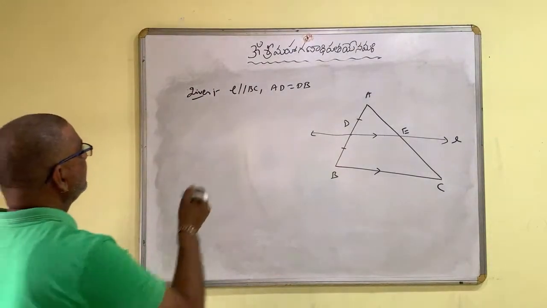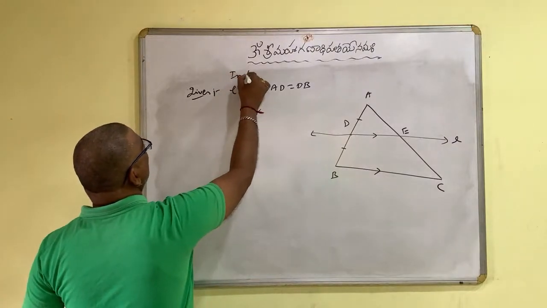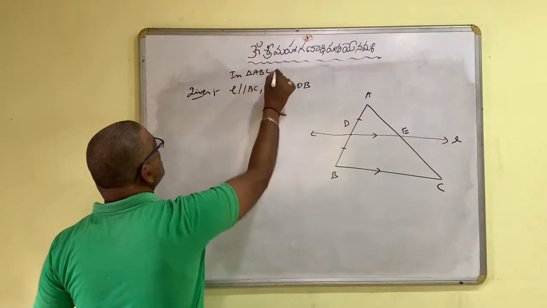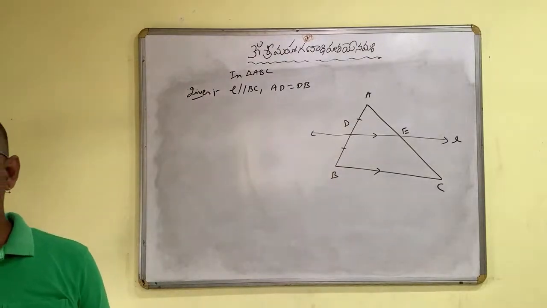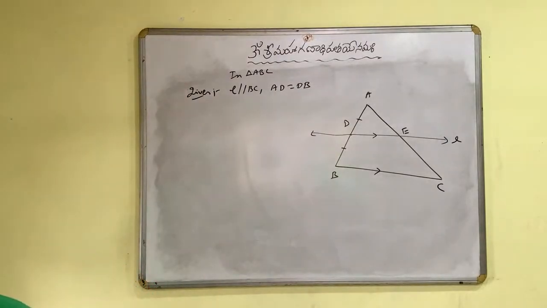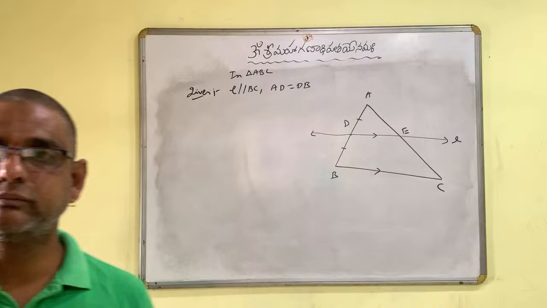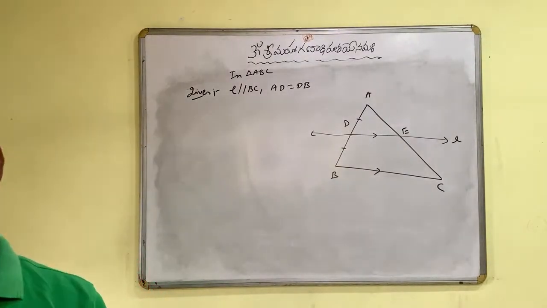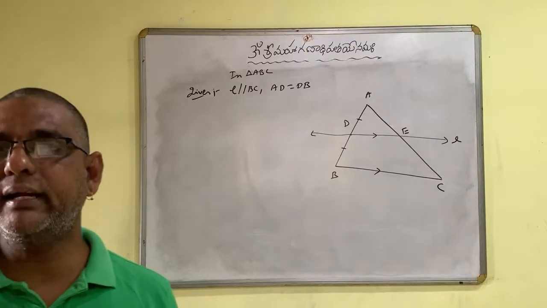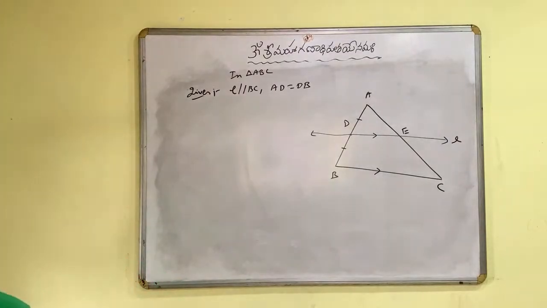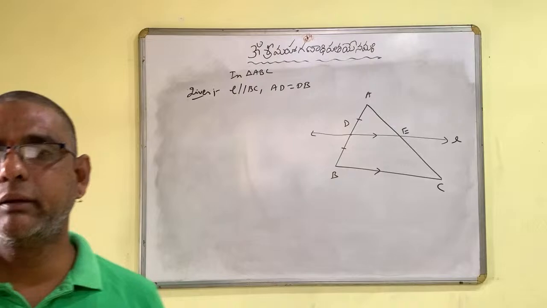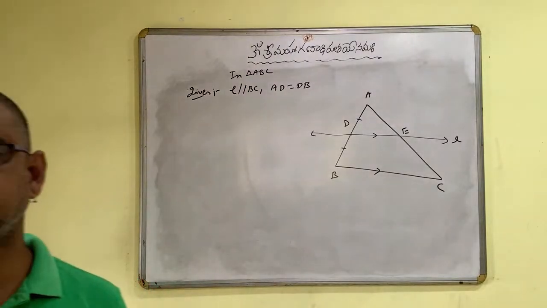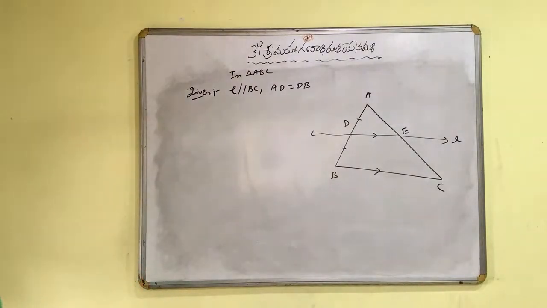Don't forget, in triangle ABC, L is parallel to BC. Not only that, L is passing through D, which is the midpoint of AB. And what we have to prove?